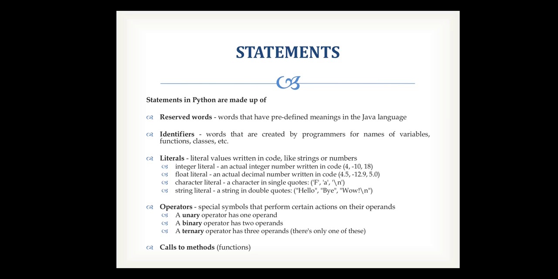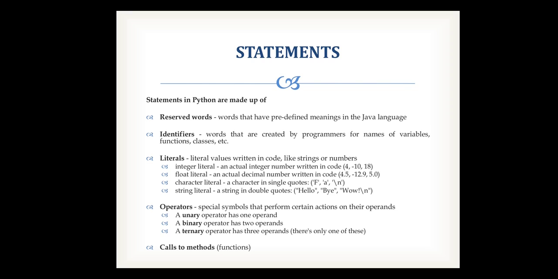Literals are values written in code like string or numbers. There are various literals. First one is integer literal, an actual integer number written in code. Here is the example: 4, -10 and 18 are integer literals. Second one is float literals, an actual decimal number written in code, that is 4.5, -12.9, 5.0.